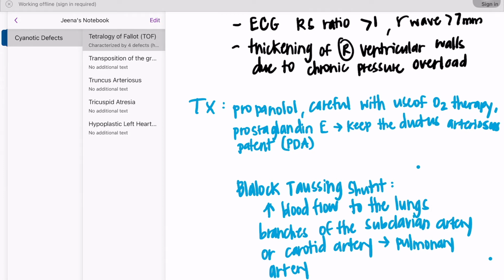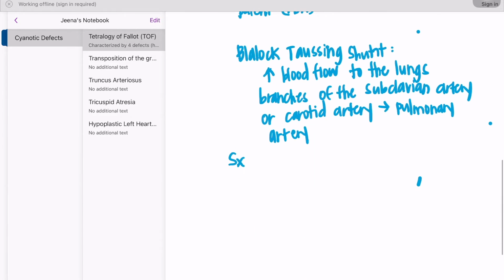Okay, and then with the surgery, that's one surgery right there. Then what they'll do is they'll correct the VSD. So they'll put a patch to close the hole.